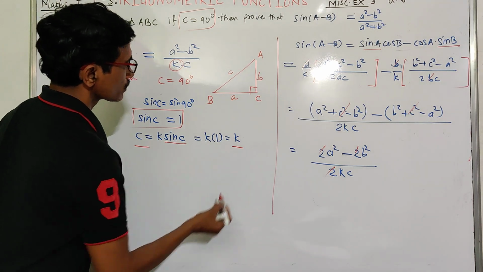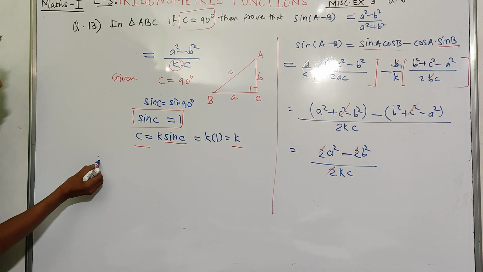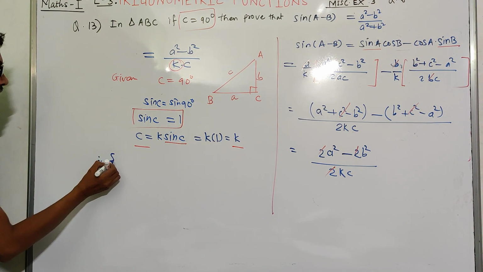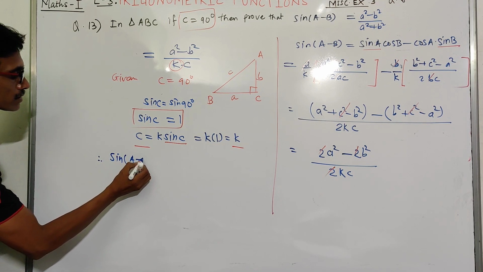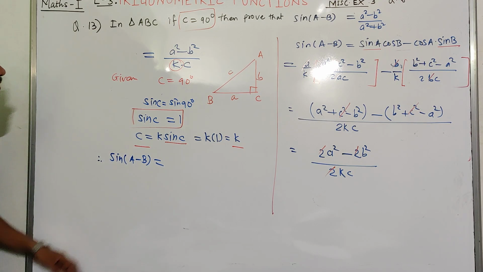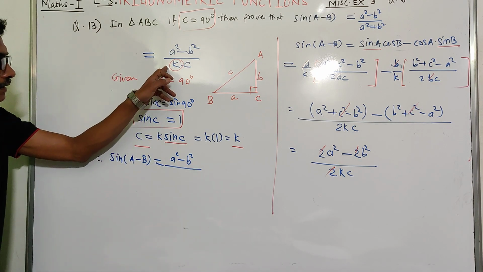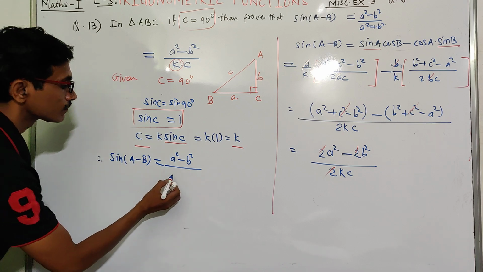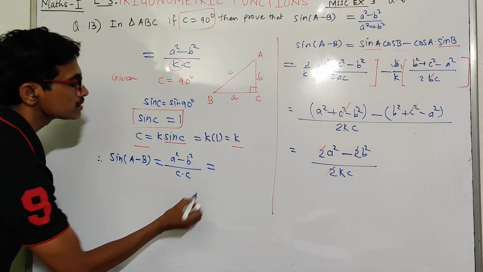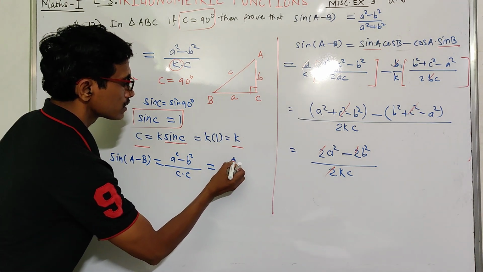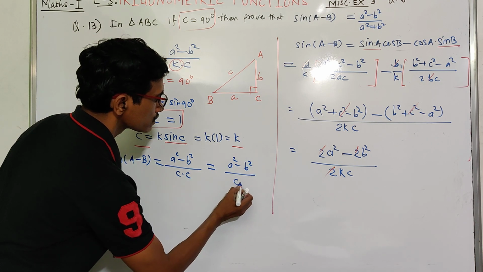Our LHS is sine of A minus B, and the right hand side is a square minus b square upon k. K is c, c into c, that is c square. A square minus b square upon c square.